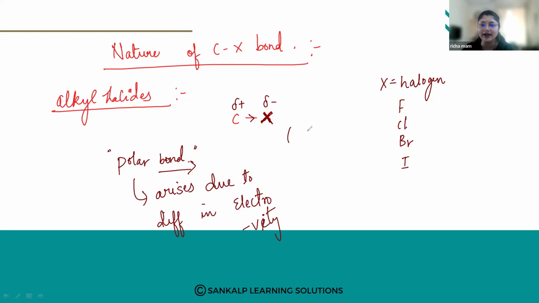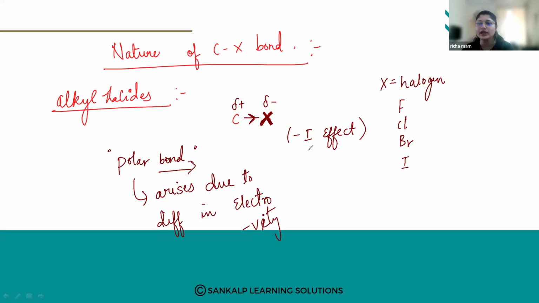So this is due to minus I effect, that is inductive effect. So whenever you have an electronegative atom, as it has a tendency to pull the electron towards itself, there will be development of partial negative and partial positive charge.